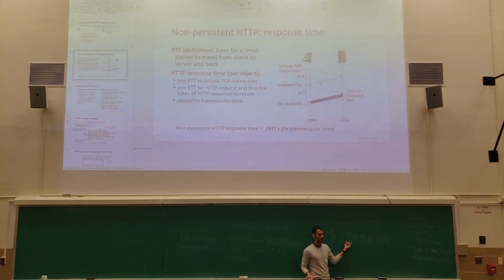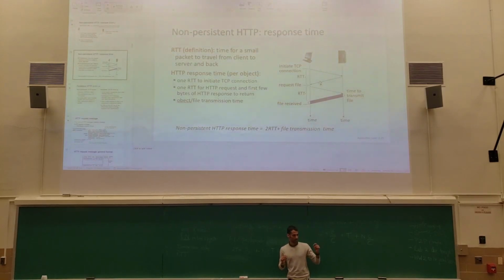There's no dependence of the overall download time on N times round trip. N does appear here because transmission capacity is limited. There's no getting around that. But you're not adding either one round trip or two round trips per object like you were doing in one of these cases. That's the big win in 1.1 over 1.0.